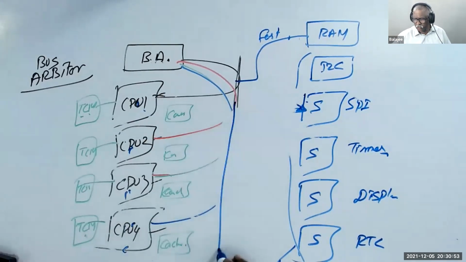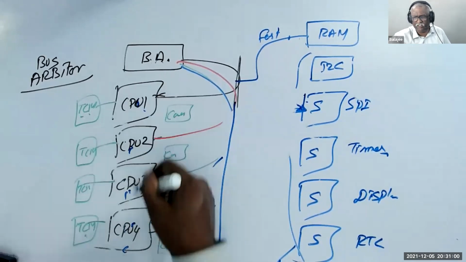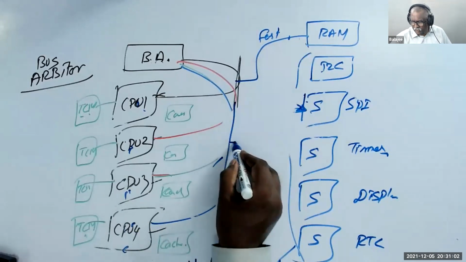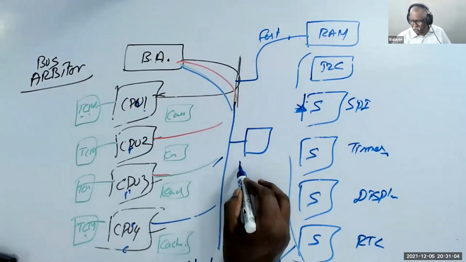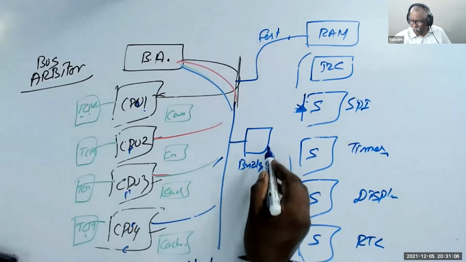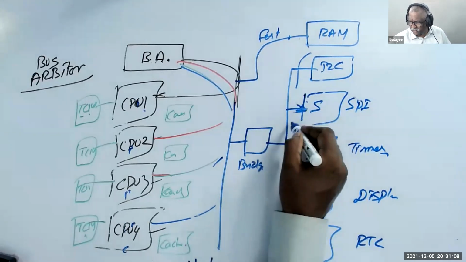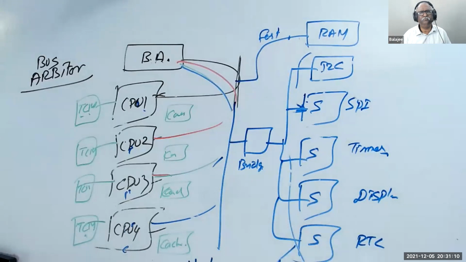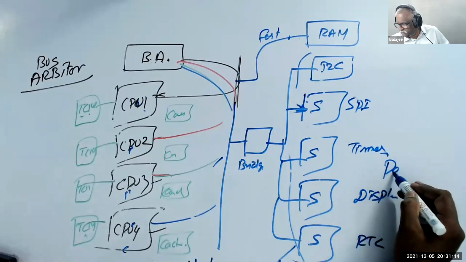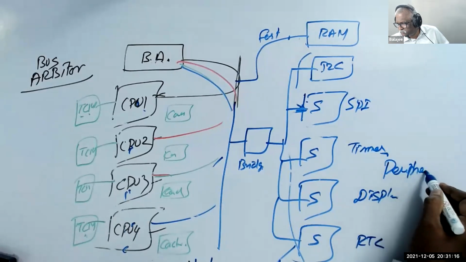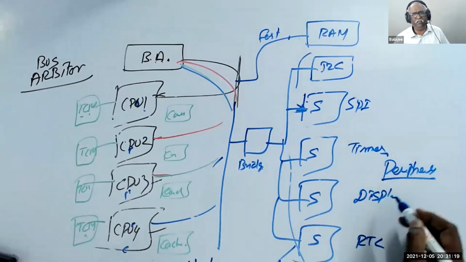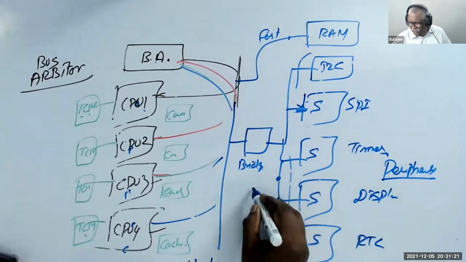This is called high speed, where all the high speed devices are connected. From here, there'll be a bridge which will connect to all the low speed devices. Generally, all the peripherals are slow speed. That's why they call this APB.